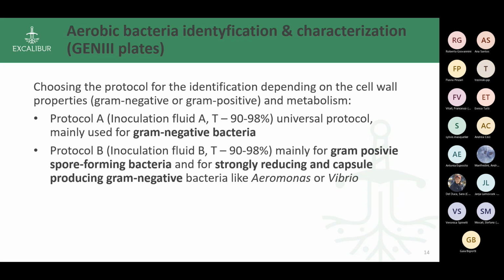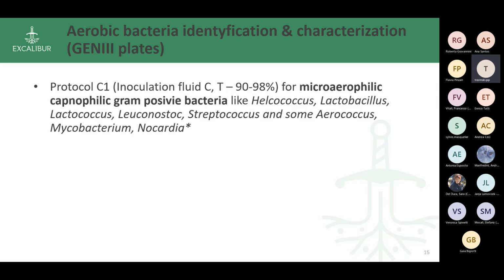Protocol B is for Gram-positive bacteria, but you can also find information that it is mainly for Gram-positive spore-forming bacteria. We can also use this protocol for strongly reducing or capsule producing Gram-negative bacteria like Aeromonas or Vibrio. Protocol C is for microaerophilic capnophilic bacteria.